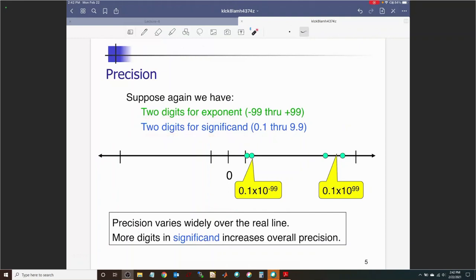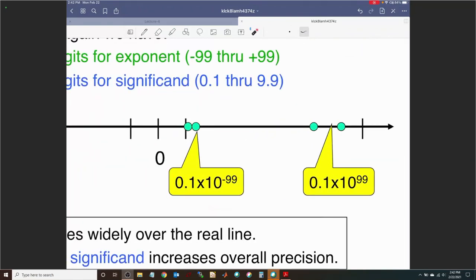Now in this case, let us suppose that we are on the positive side of this number line, and we are looking at two numbers that are adjacent to each other, when very small and when very big. So if you are going to go all the way out to the right on this number line, what is going to be the difference between the two adjacent numbers?